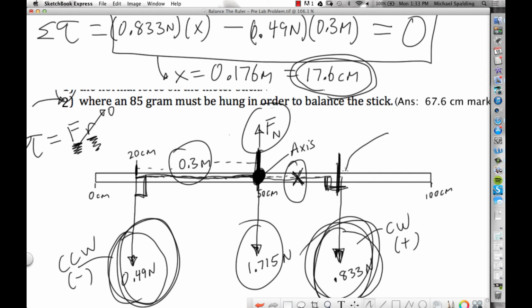So we're looking for this location right there. What's that location going to be? Well, it's going to be the 50 plus the x, so it's going to be 67.6 centimeters. If you hang the mass there, the meter stick will balance. All right, now, on to the lab. So that's the pre-lab problem. I'm going to end this video here.